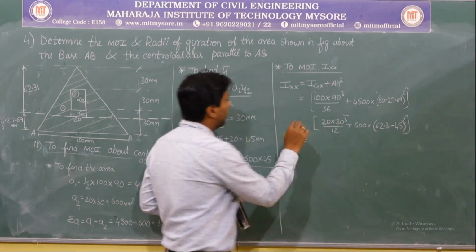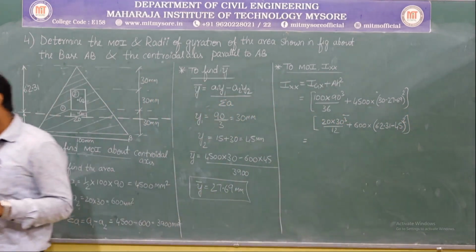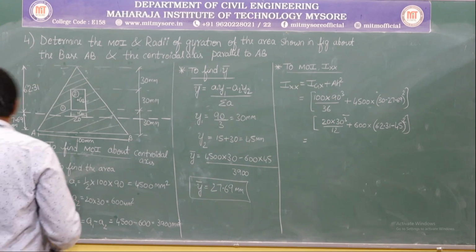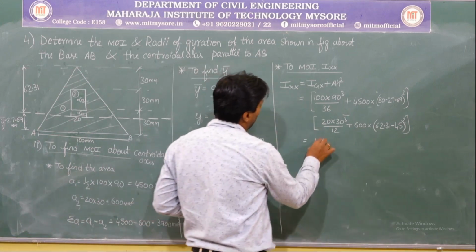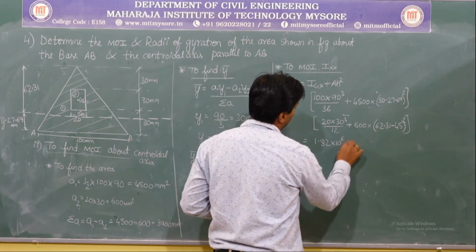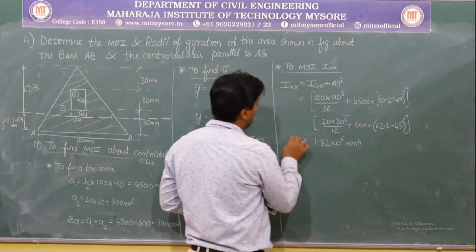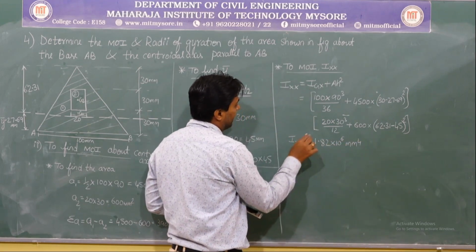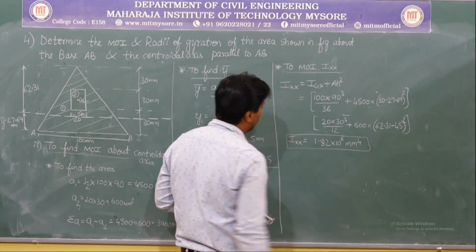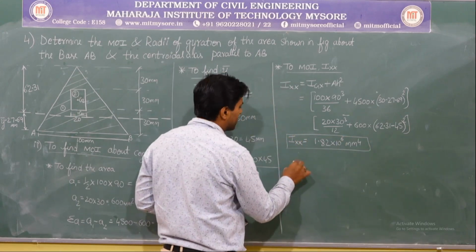After solving it, you people will get the value Ixx equal to 1.82 into 10 power 6 mm to the power of 4. Here they are asking us to calculate the moment of inertia, which I have calculated. They are also asking us to calculate the radius of gyration.